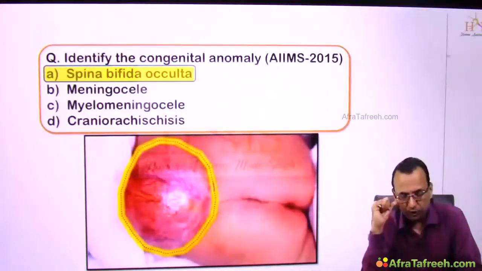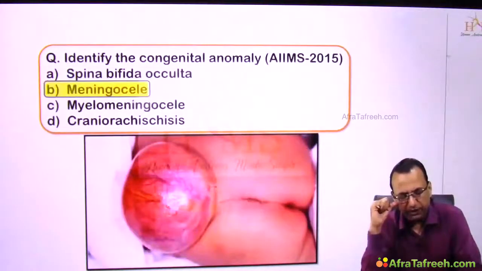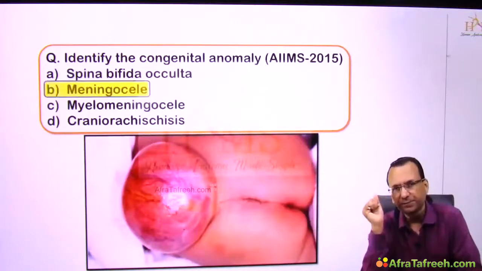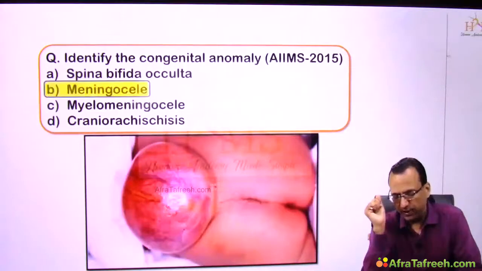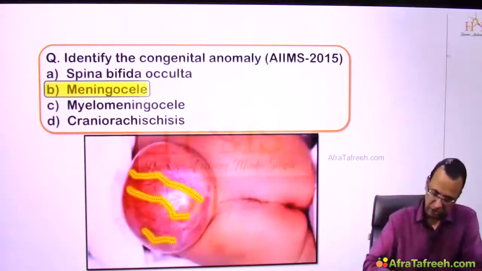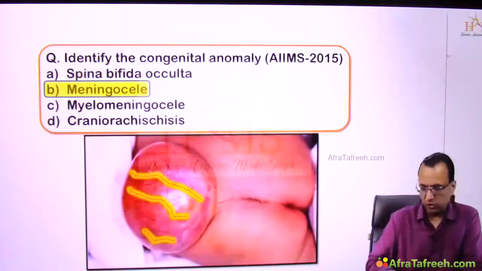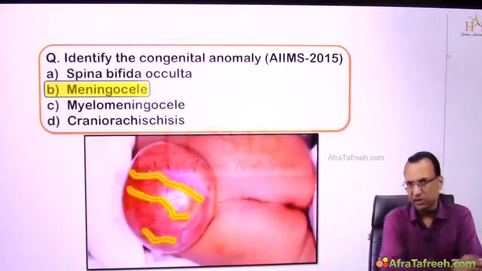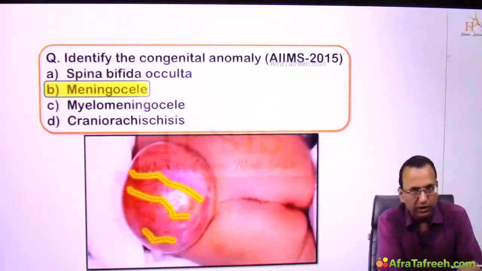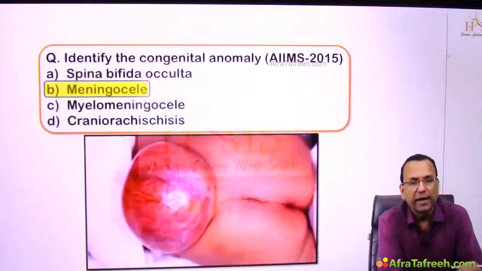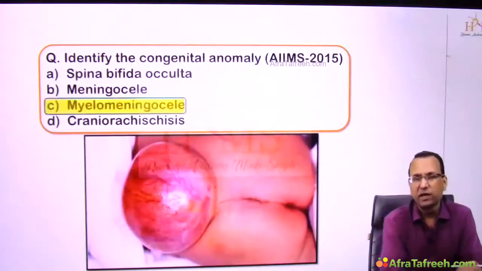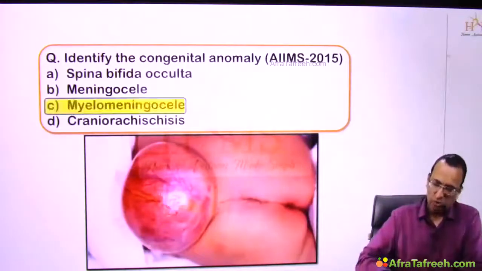So is it spina bifida cystica with meningocele? No. Why? Because this is not a clear cyst. It has some dark lines, and it is not a clear cyst. So it cannot be meningocele. Then what is it? It is spina bifida cystica with meningomyelocele.